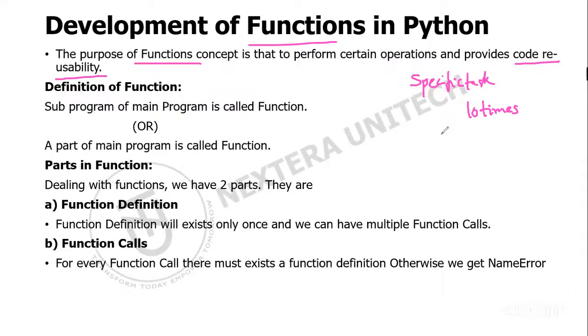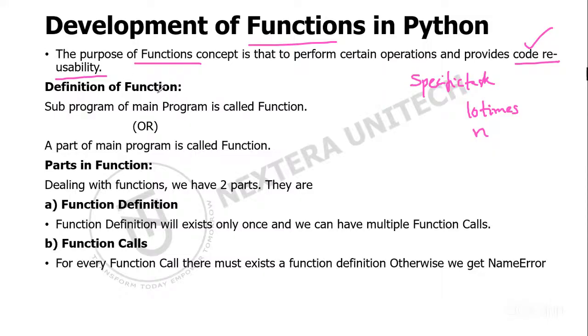So if I keep this entire code inside a function, it helps me to reuse it within the script wherever I want, not only for 10 times, 100 times, n number of times. So that is the purpose of functions. It helps us to provide code reusability.